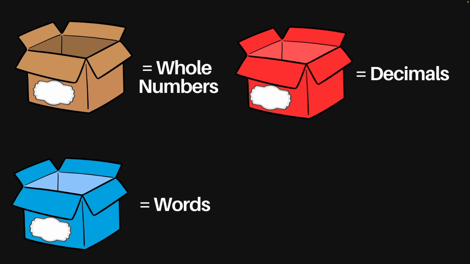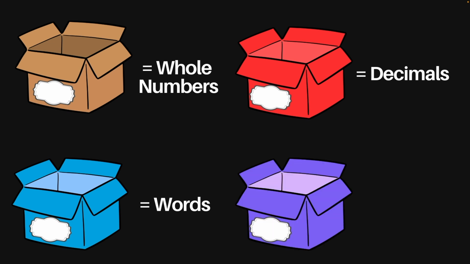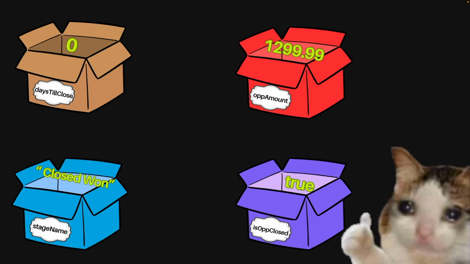We see some purple boxes laying around. We still have some binary state, so we create a rule that says purple boxes can only hold binary state like true and false. That guarantees that whenever we open up this box, we can see the data that we expect, and we're in a much better place. Brown boxes hold whole numbers, blue boxes hold words, purple boxes hold Booleans, and red boxes store decimals.